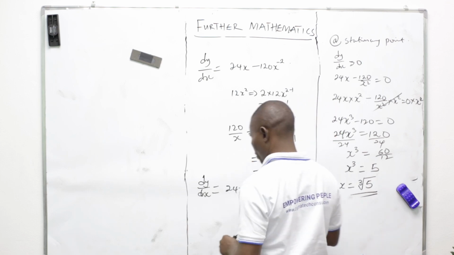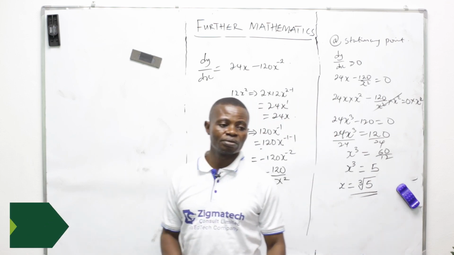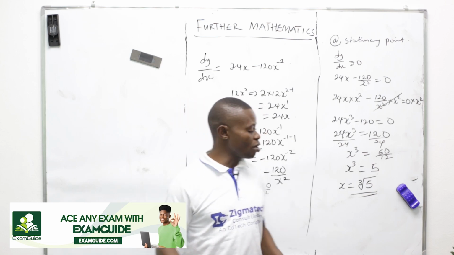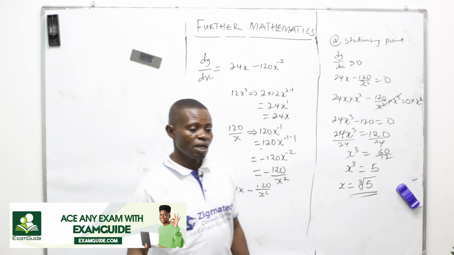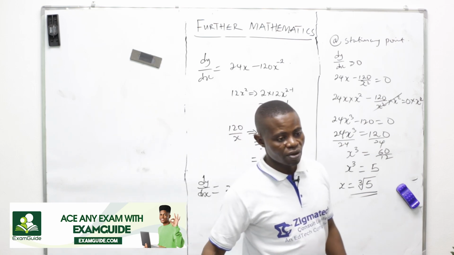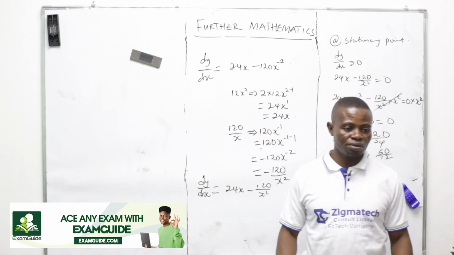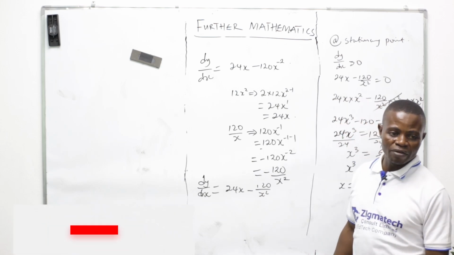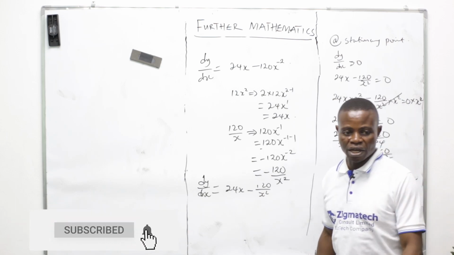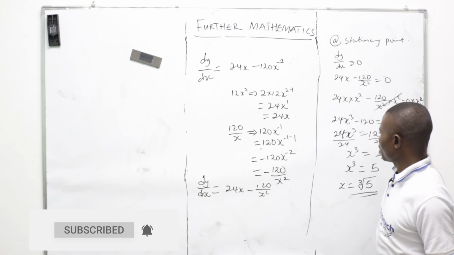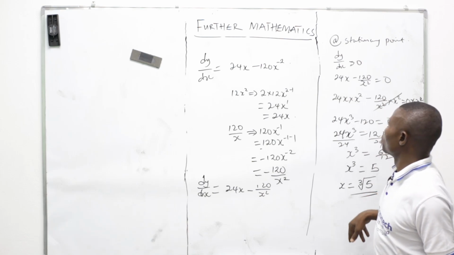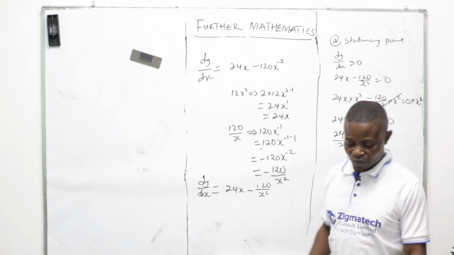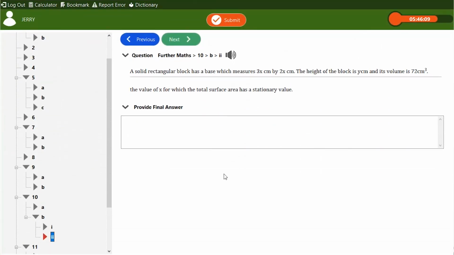So the value of x is cube root of 5. That is the solution to that question. The value of x for which the total surface area has a stationary value is cube root of 5.